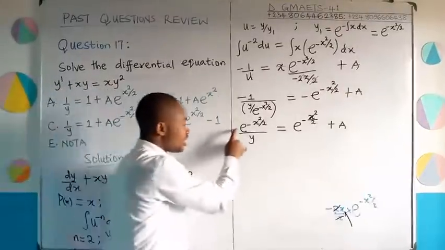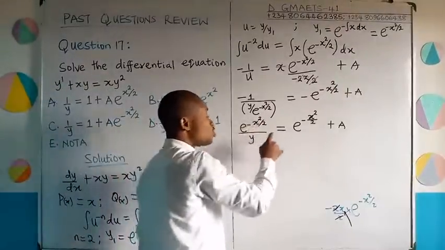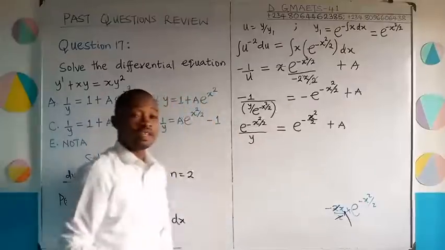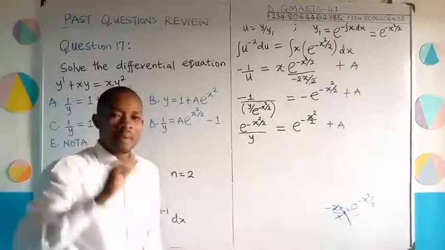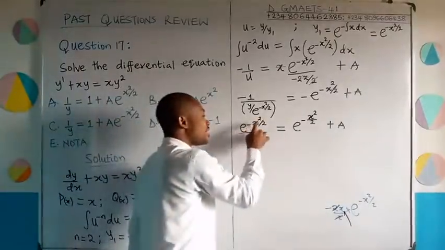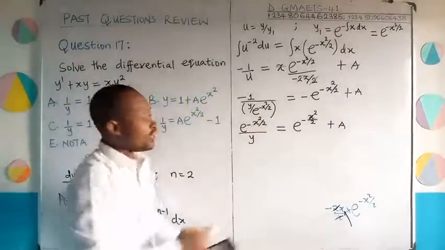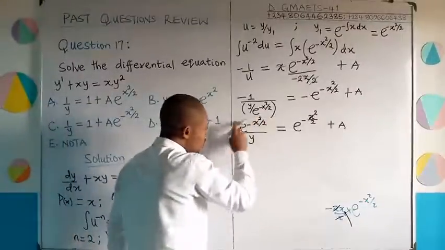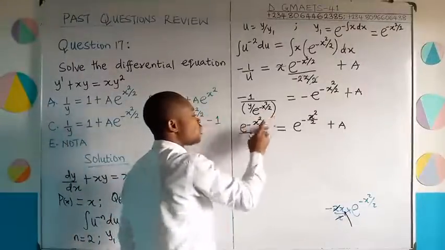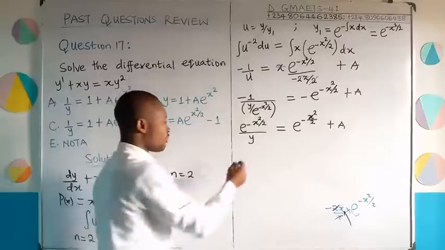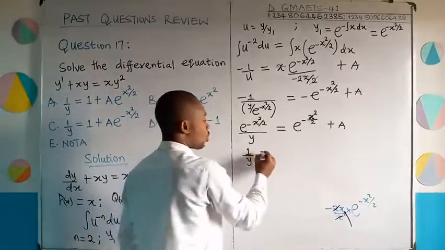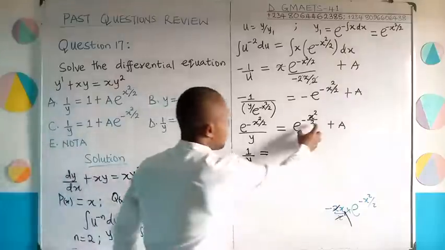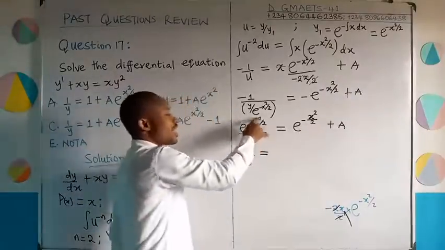And to achieve that here, this exponential minus x squared over 2 will have to go off from here. So all I have to do is to divide this solution through by exponential minus x squared over 2. If you divide this numerator by exponential minus x squared over 2, it will cancel itself and 1 will be left. So this becomes 1 over y equal to, come to this term divided by exponential minus x squared over 2.